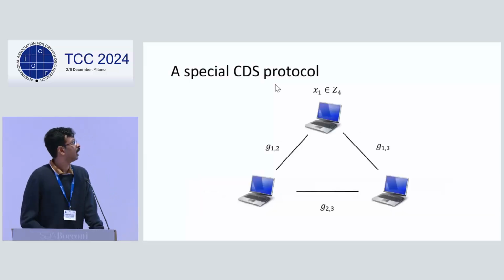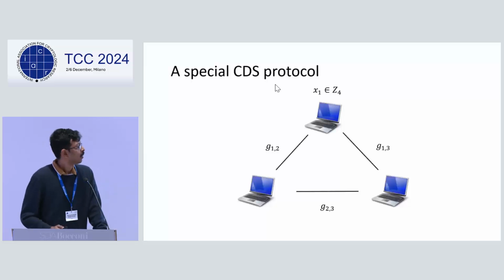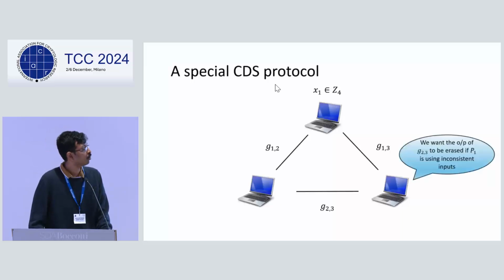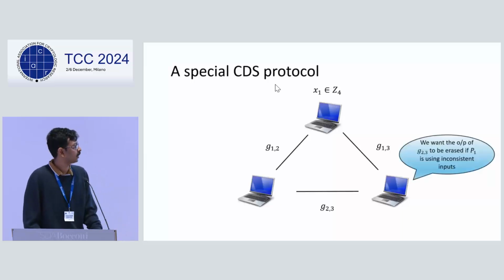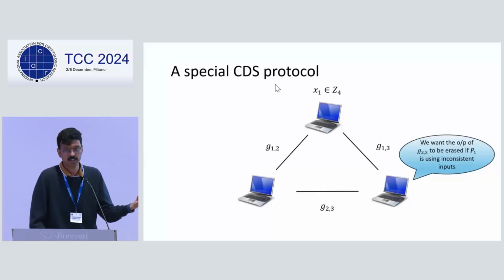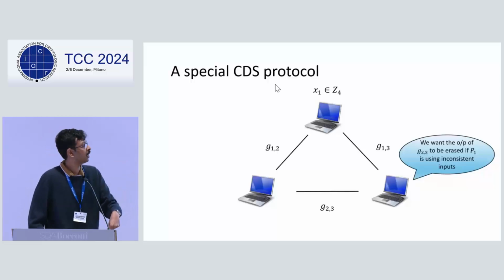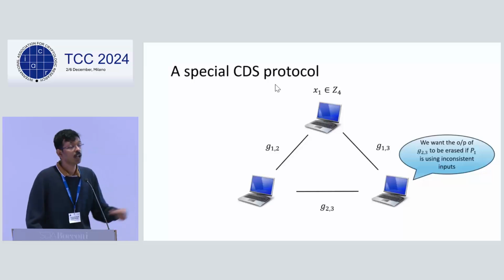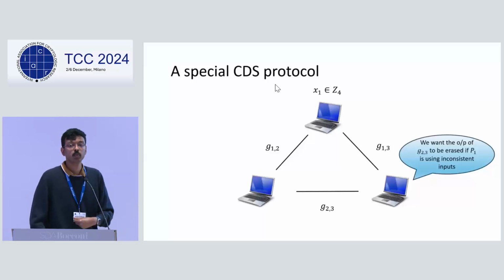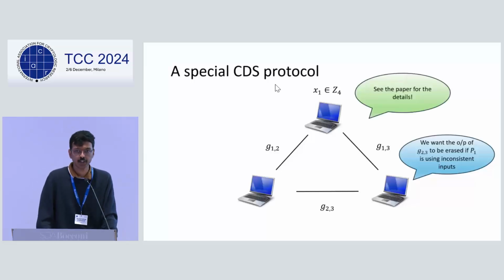To prevent this, we construct a special purpose CDS protocol where we ensure that the output of the oracle G23 gets erased if P1 is behaving dishonestly, that is, if it is using inconsistent inputs in the calls to G12 and G13. Of course, the key challenge here is that all the calls are made in parallel. So how does one oracle detect an inconsistency? Unfortunately, I won't have time to go into the details, and I encourage you to look into the paper.